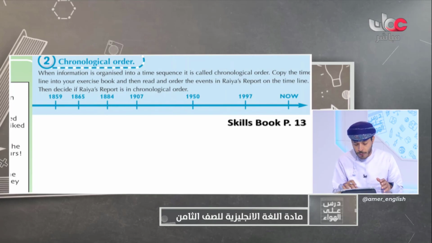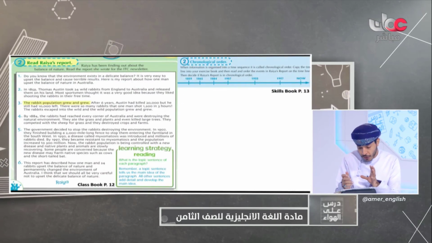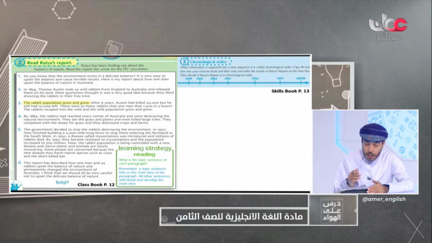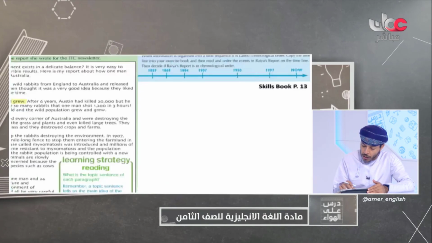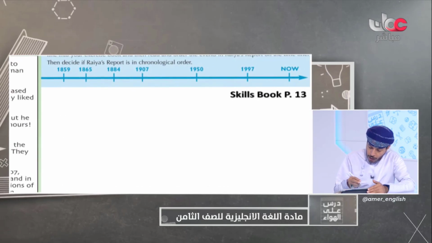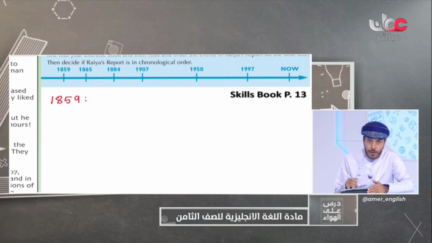For the case of this reading text, as we can see, it is already organized into a time sequence. And Raya, when she developed this article or this report, she organized it in a chronological order. So we can identify these types of periods of time. We have 1859, and you have here to mention what happened in this year.